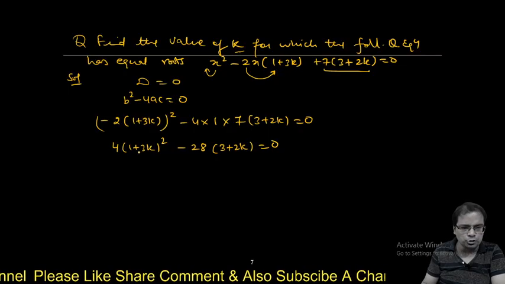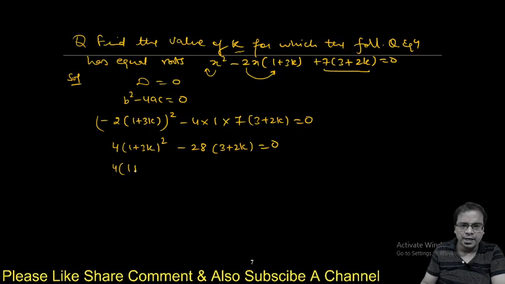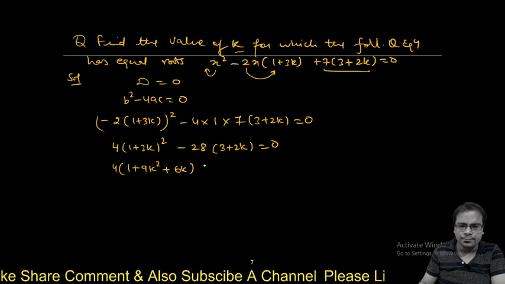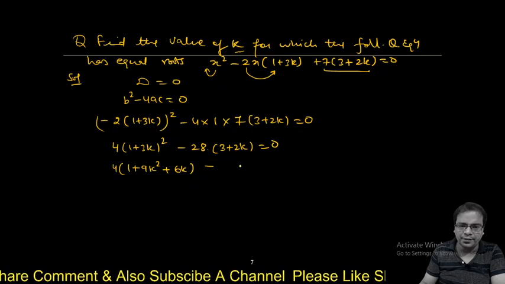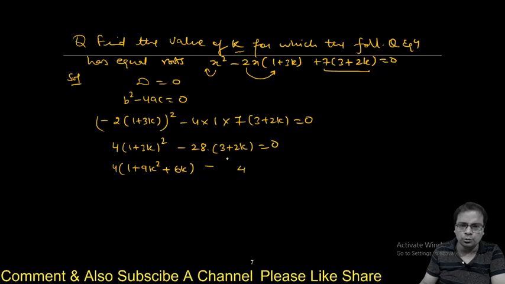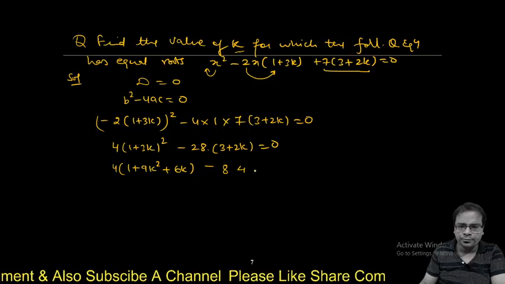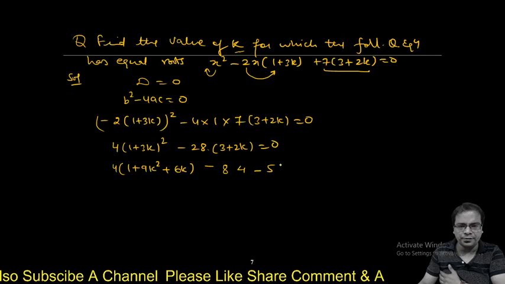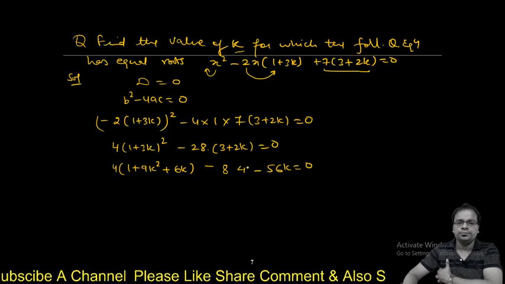Understood? Now we just open (a plus b) whole square: 4 times a square plus b square plus 2ab, 3 2s are 6k, minus 3 8s are 24, 2 3 2s are 6, 7 8s are 84, minus 28 2s are 56k, equal to 0.